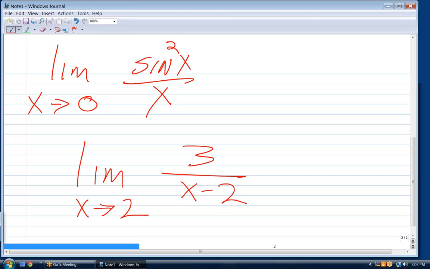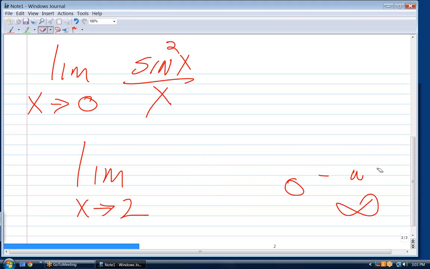You can't divide by 0. Well, you end up with 3 over 0, which you can call undefined or infinity. Neither one will work for now. We'll talk about that later.